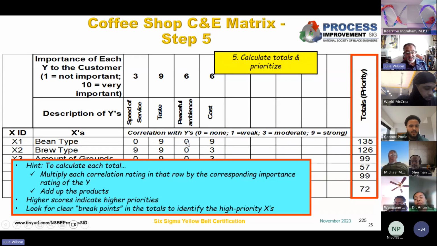It's a similar concept. You cross multiply a bunch of stuff and come up with scores, and the things that have the highest score will, of course, be the things that you need to prioritize in terms of fixing. The failure mode effect analysis is used to assess how you can have catastrophic failures that could potentially result in a loss of life or loss of equipment and things like that.